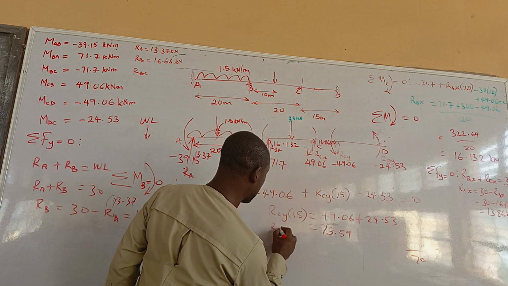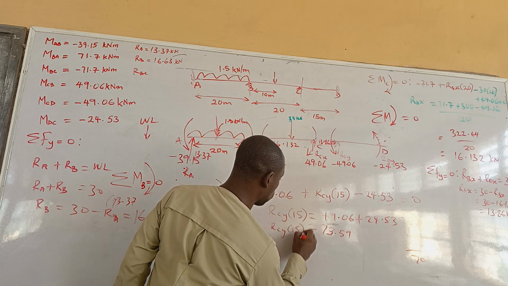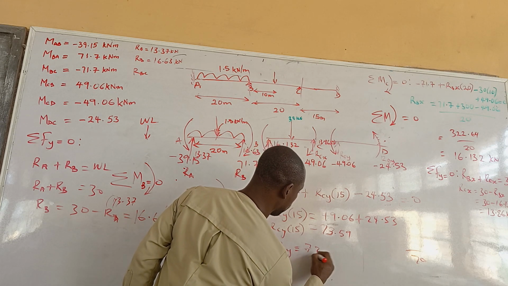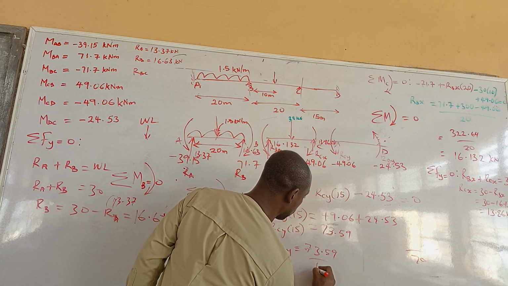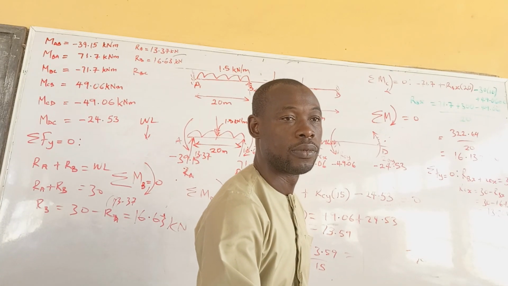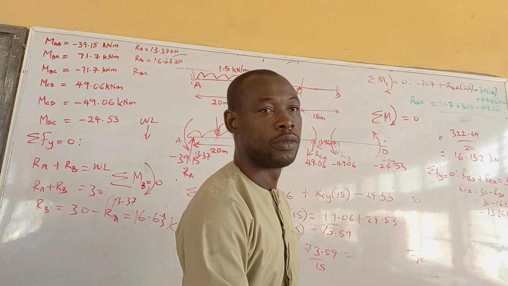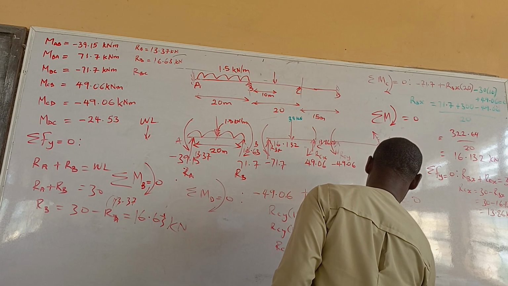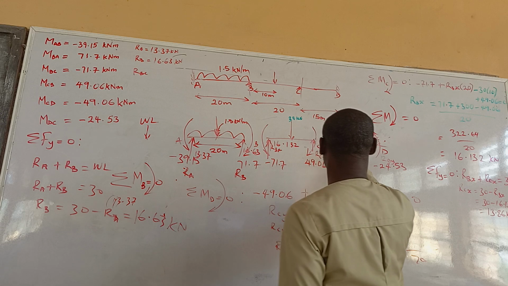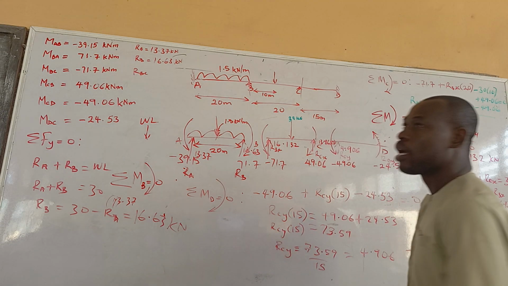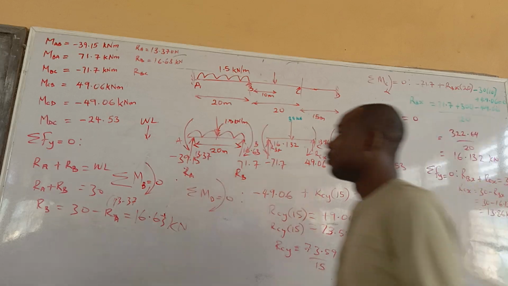So that's RCY times 15, right? So RCY will now be equal to 73.59 divided by 15, which is equal to 4.906. So the reaction here is 4.906, right?